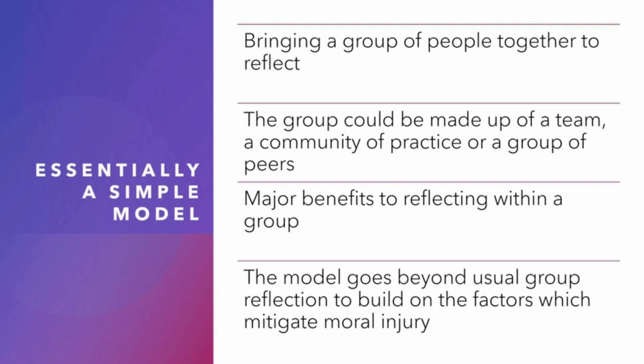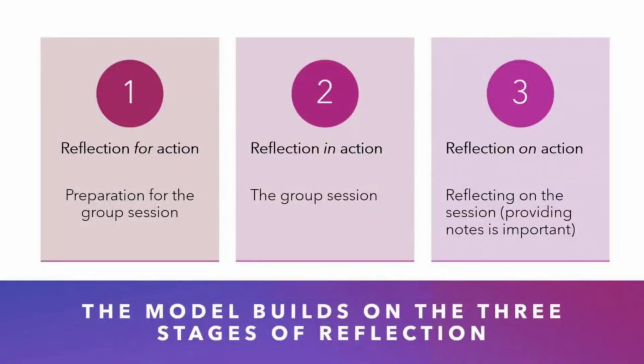We know, of course, that there are major benefits to reflecting within a group, and the model builds on that but goes beyond the usual group reflection to build on the factors which mitigate moral injury. It's a simple model, easy to develop. The reflective connections model builds on the 3 stages of reflection.